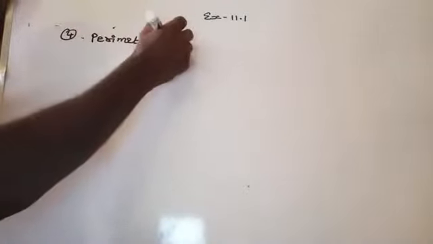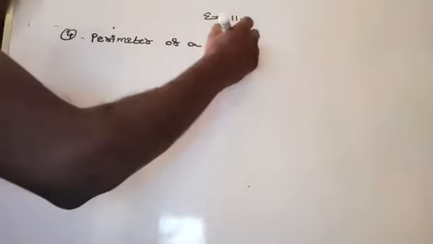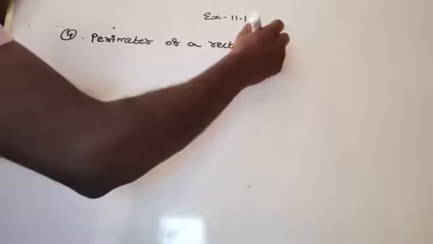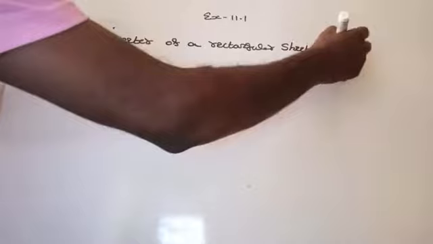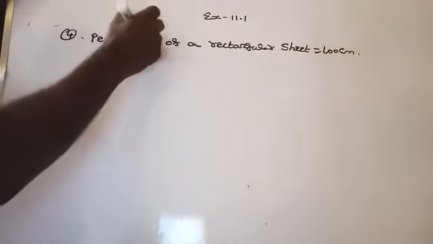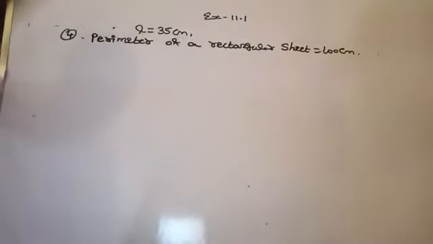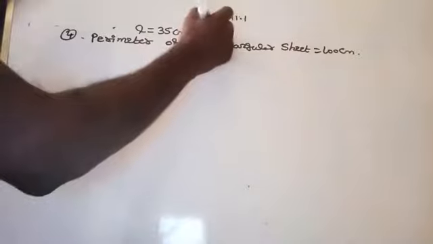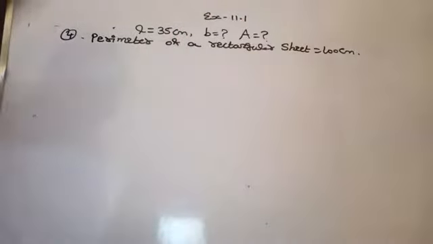The perimeter of a rectangular sheet is 100 centimeter. What is the perimeter of a rectangular sheet? 2 times of (L plus B), and L is given as 35 centimeter. What you have to find? You have to find the breadth as well as the area of the rectangular sheet.